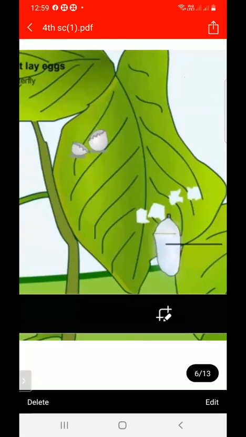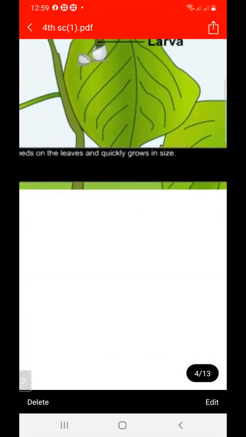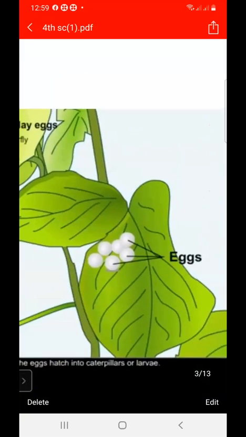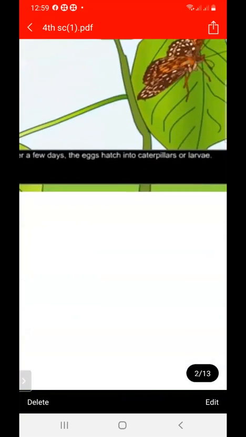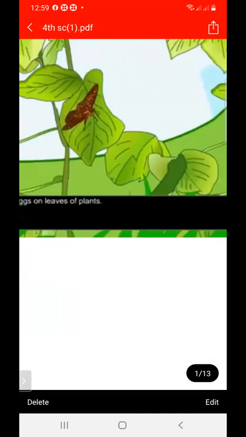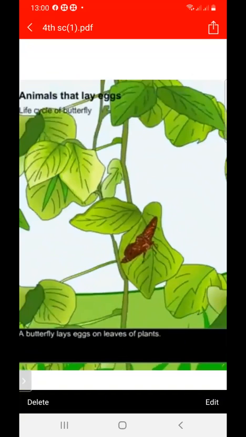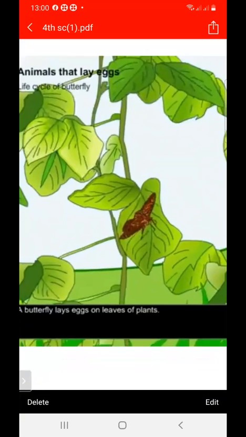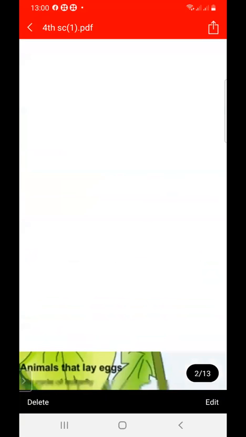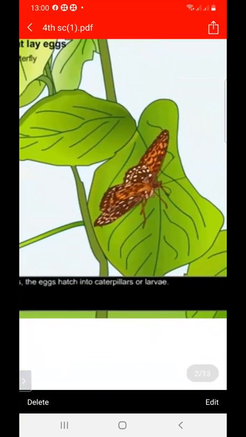And I'm showing these slides again. What is the life cycle of insects? First of all, our insect, just like the grasshopper shown in the figure, just like when the butterfly sits on the leaves, then what happens? As soon as the butterfly sits on the leaves, they give egg. The butterfly gives egg.